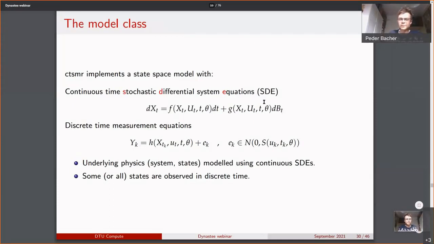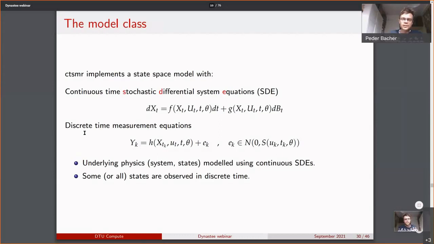Don't think too much about this in the beginning, but what you see is that we have noise entering the system, described like this, entering directly into the states of the system.